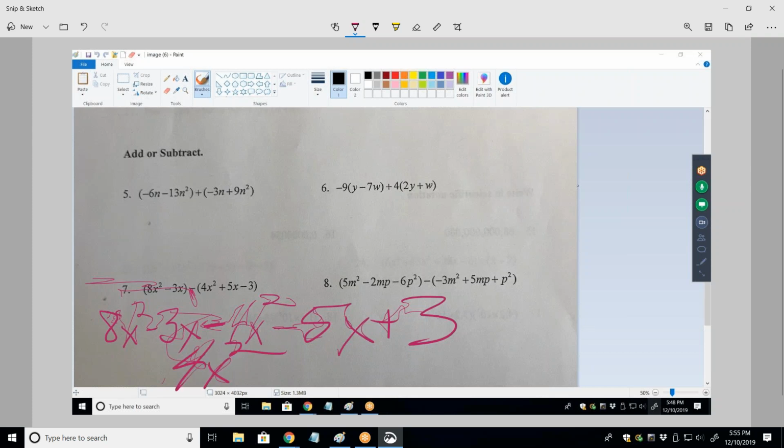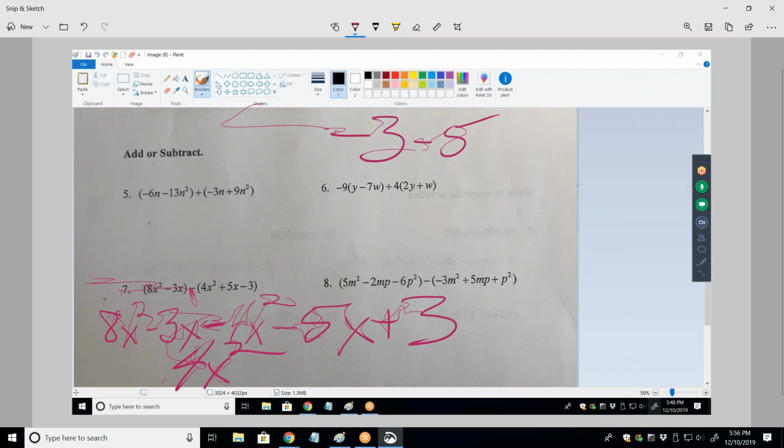Okay. Now combine all the x terms. We have a minus 3x minus a 5x. Minus 3 minus 5. They're like terms, so the only thing we have to really deal with is the number. What is minus 3 minus 5?